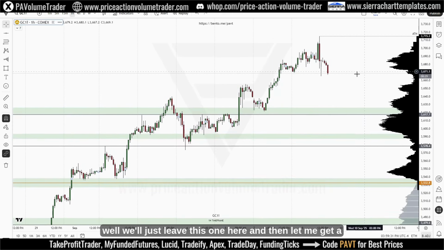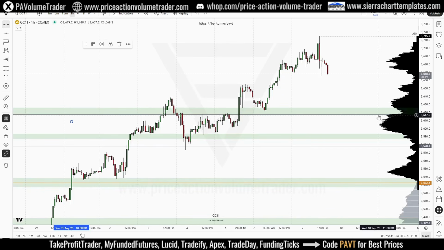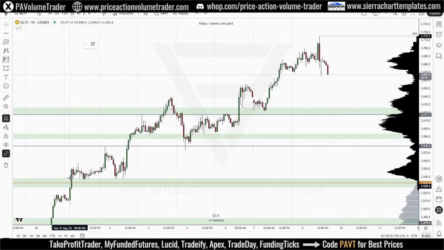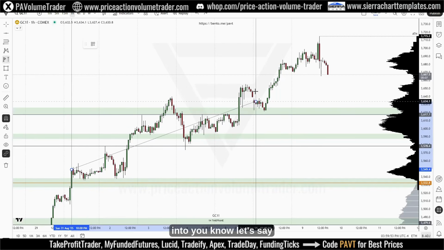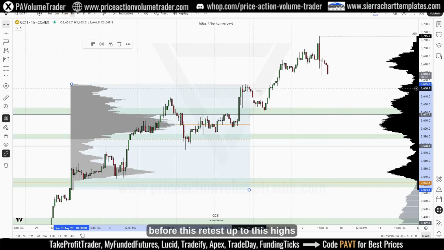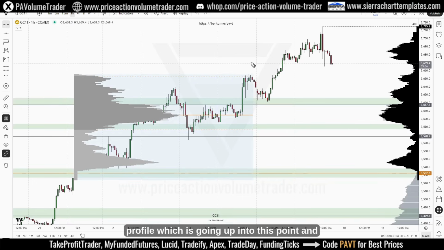Well, we'll just leave this one here, and then let me get an anchored volume profile coming from here, a fixed range, going all the way from here, let's say right before this retest up to these highs. Okay, so we have this profile, which is going up until this point.